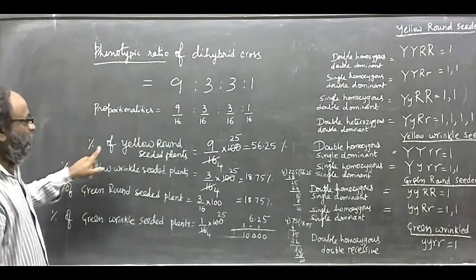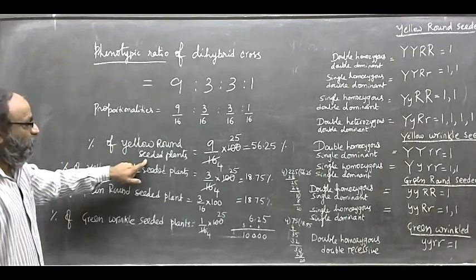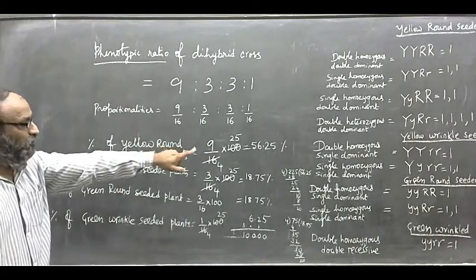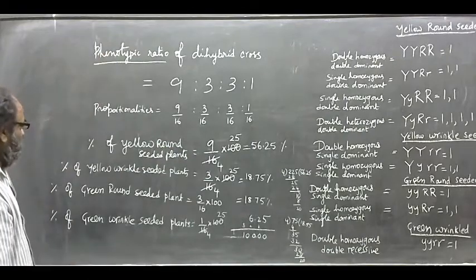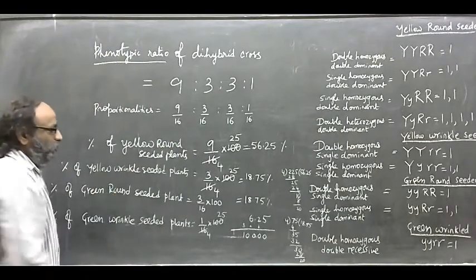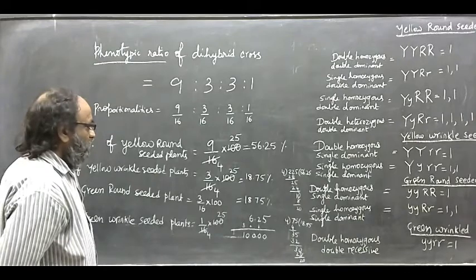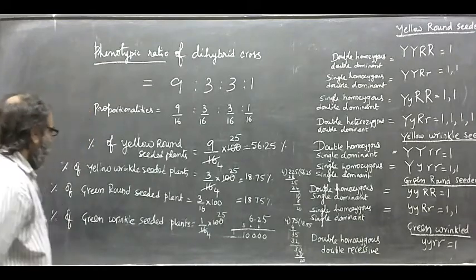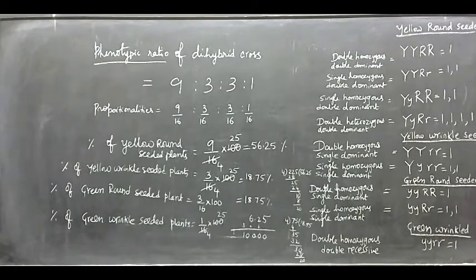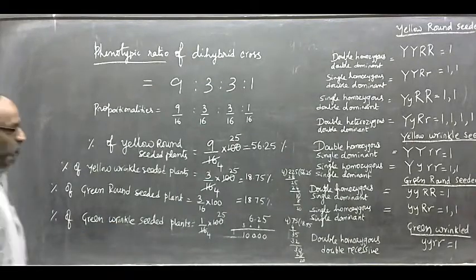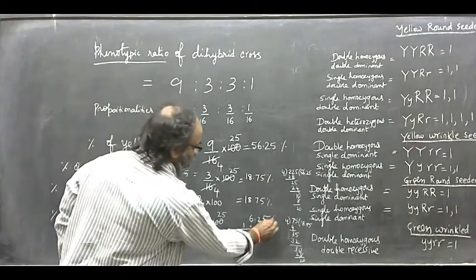So the percentage of yellow round seeded plants in F2 generation is 56.25. The percentage of yellow wrinkle seeded plants is 18.75. The percentage of green round seeded plants is also 18.75, and the percentage of green wrinkle seeded plants is only 6.25%.